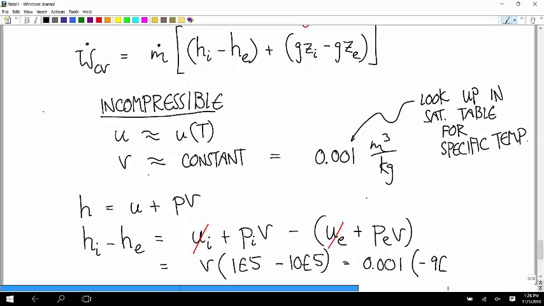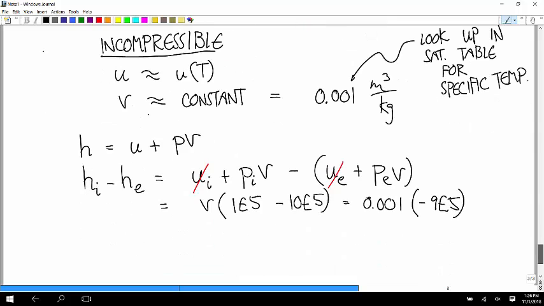So negative 9 times 10 to the 5. And so the change in enthalpy is equal to negative 900. That's in joules per kilogram.